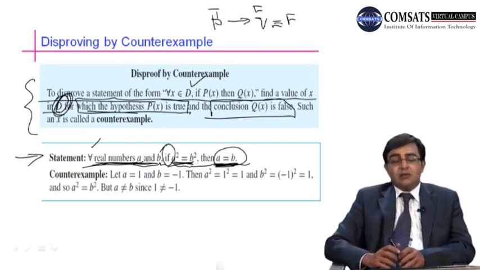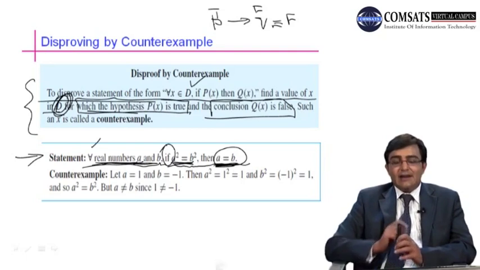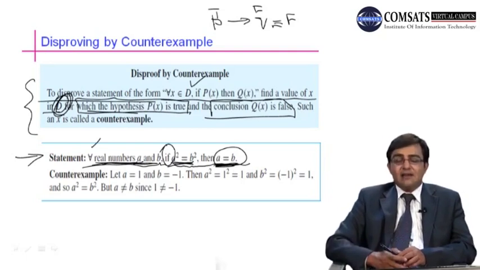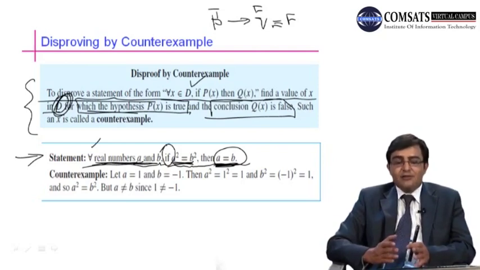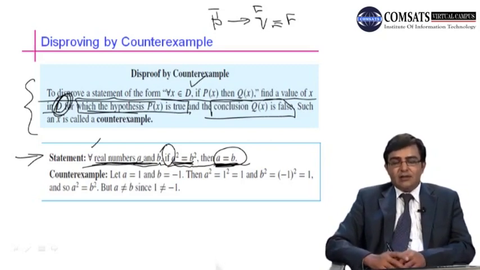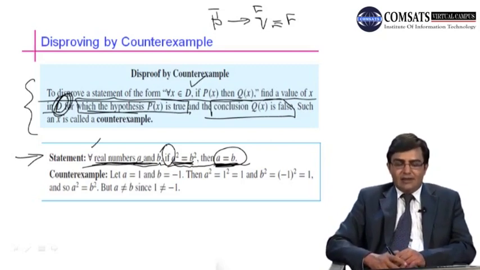So we are going to find some particular real numbers for which a square is equal to b square, but a is not equal to b.